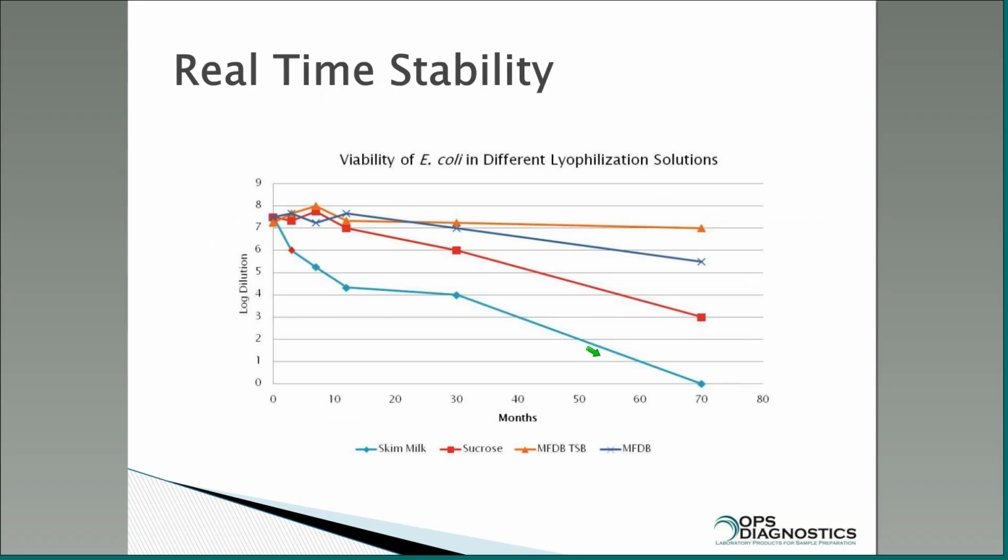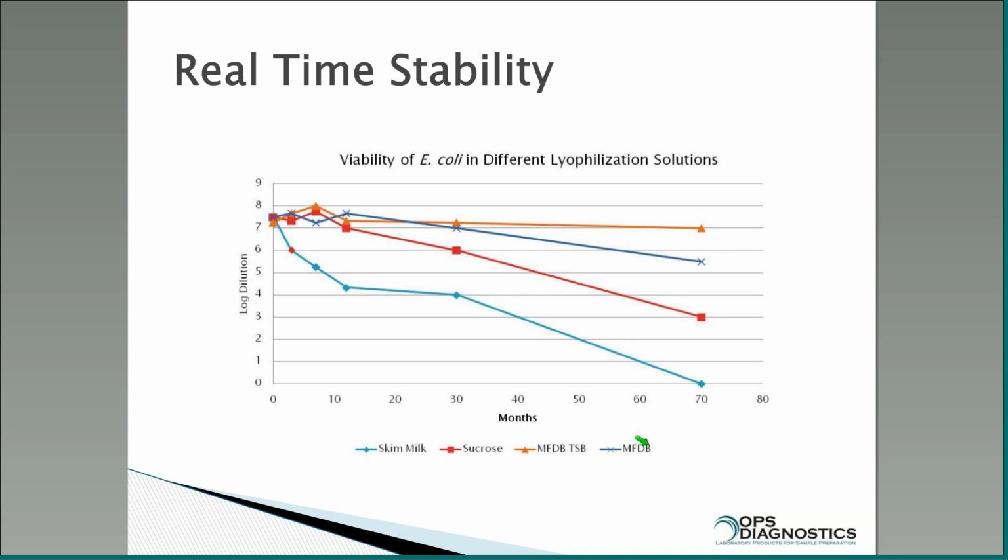So here's some real-time stability data. This is E. coli we did in 2010, and we started off and they all looked nice on our dilutions up here. It was between 7 and 8 dilutions out, they were fine. And so we looked at skim milk and sucrose and microbial freeze-drying buffer, and our original formulation had tryptic soy broth, but that TSB has a little bit of animal protein in it, so we did away with that. And now we just use microbial freeze-drying buffer without the TSB.